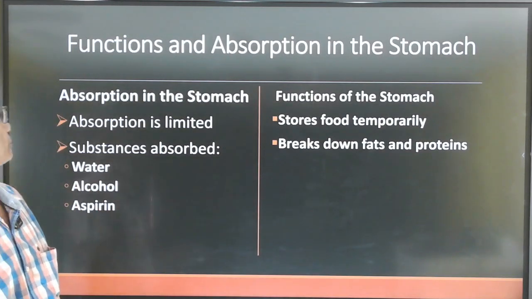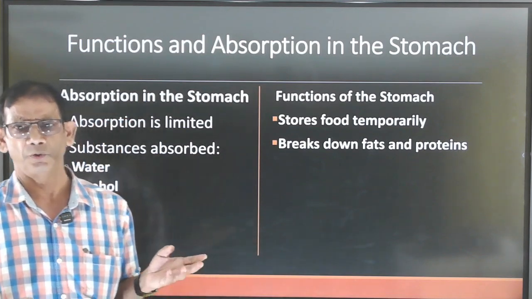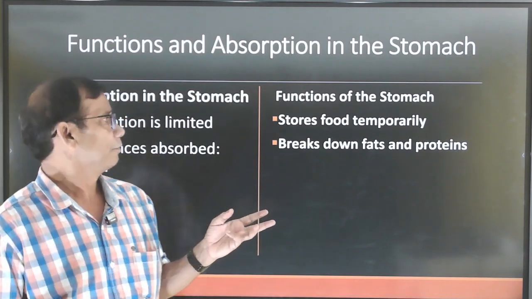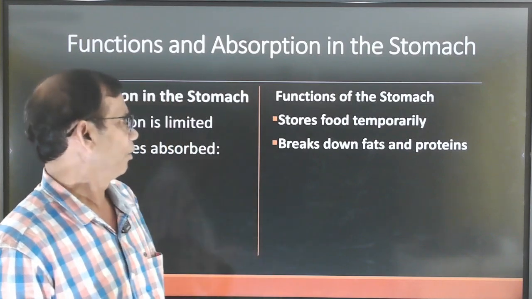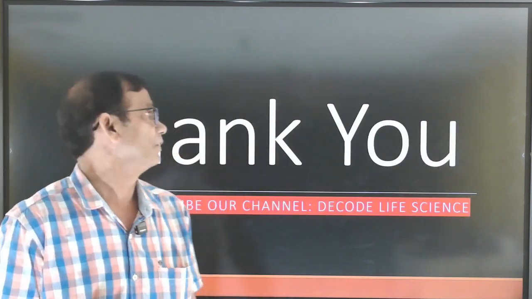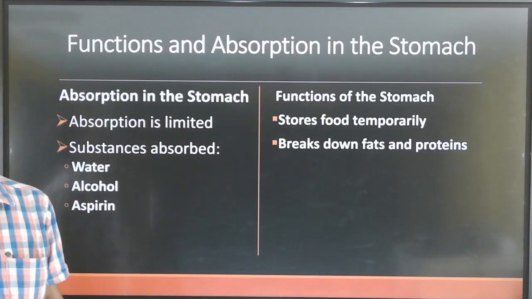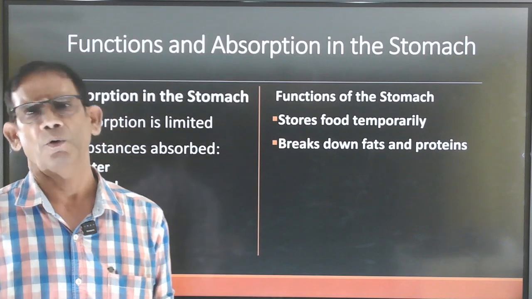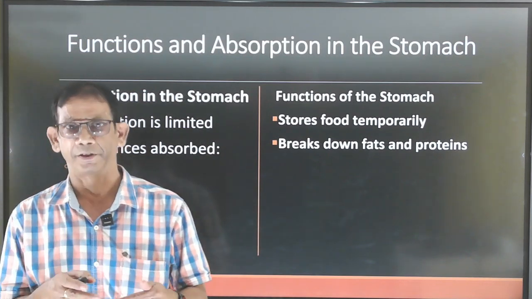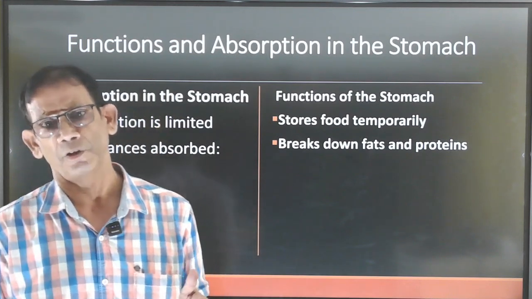Now, what are the functions of the stomach? The stomach can store the food temporarily and also break down fats and protein with the help of its enzymes. At the same time, although digestion occurs in the stomach, some absorption also occurs in the stomach.